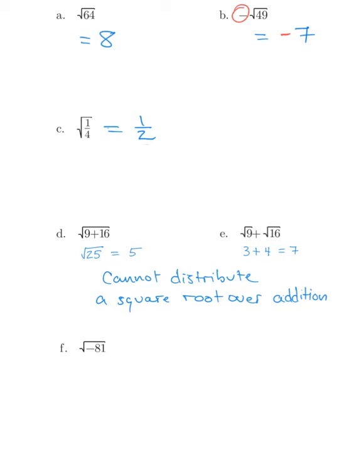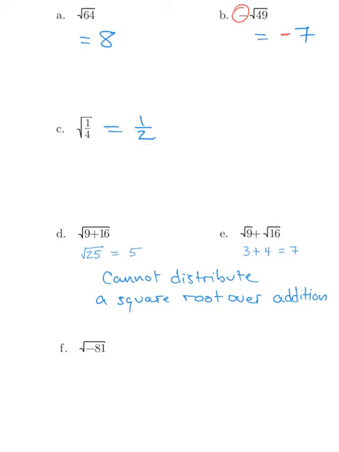Square roots are essentially exponents. We'll see this in the next section. And so the rules that we have for exponents apply to roots as well. Remember that you cannot distribute a square over addition. Similarly here, you cannot distribute a square root over addition, or subtraction for that matter.